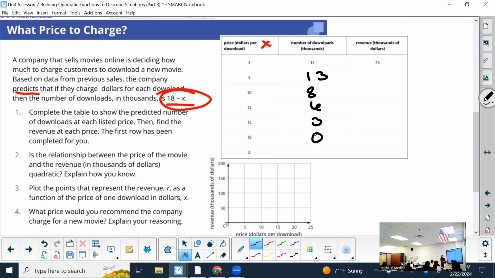It is 0. So you're plugging in the X into this expression. 18 minus 18 is 0. Now, table 4, what's going to be my expression that works for this row? If my input is X, what's going to be my expression?